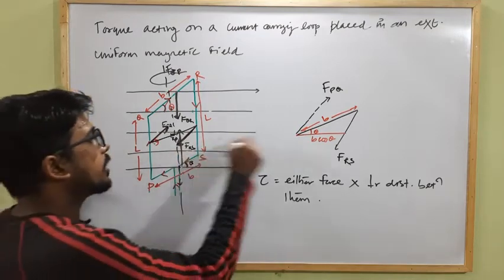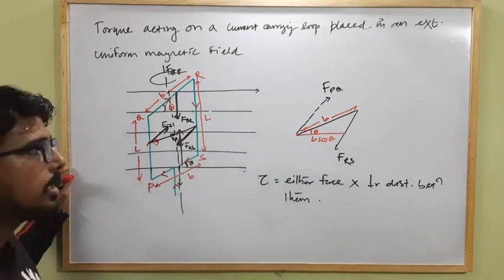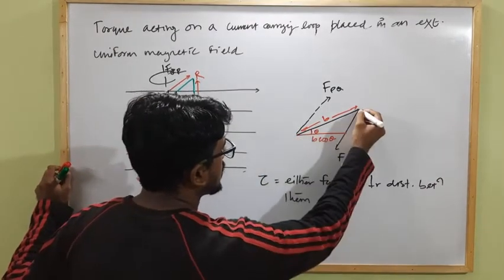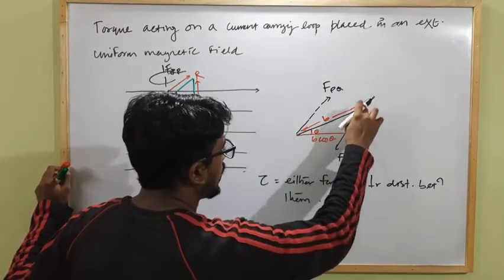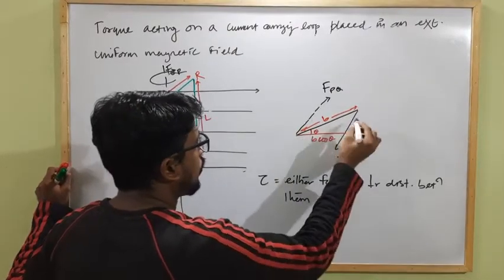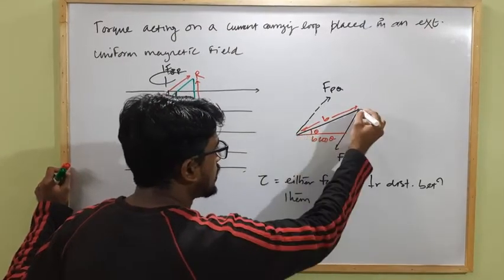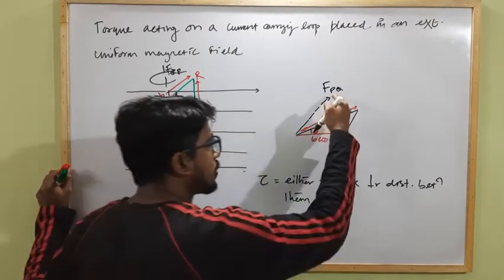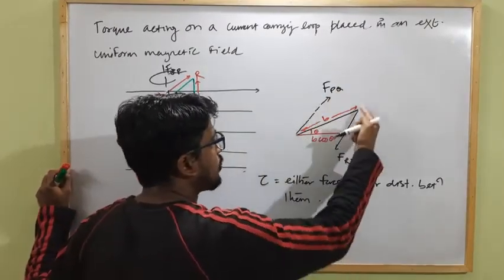Clear? It will be easy if I calculate the torque about this point or this point, because then the force passing through that point will get cancelled. So I have to calculate the torque only because of one single force, either PQ or RS.